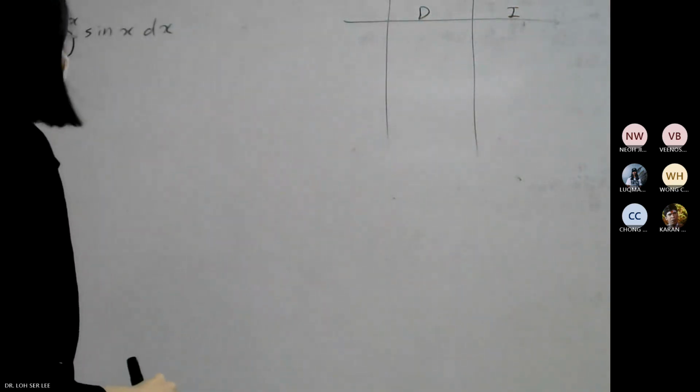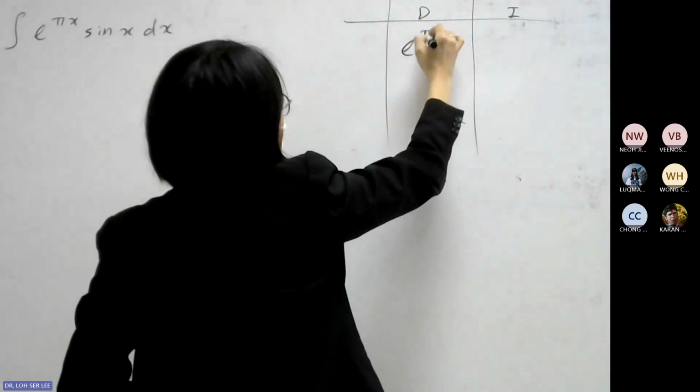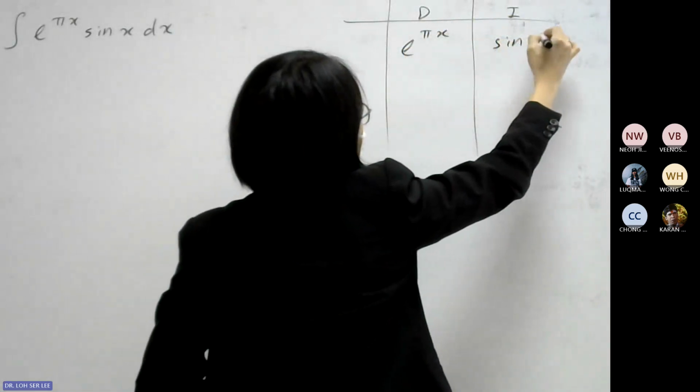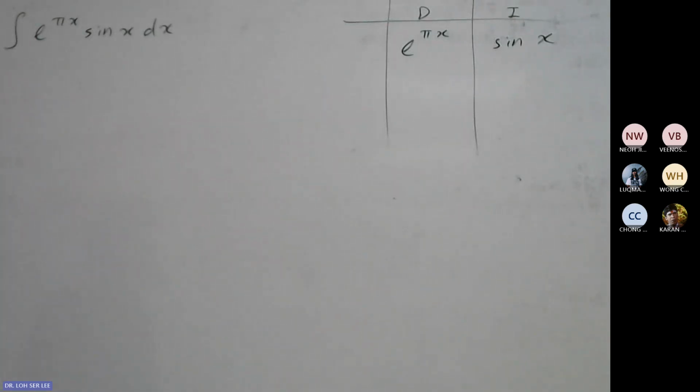I choose this under D, this one under I. You can also swap the two functions. It doesn't matter which one is under D or I.